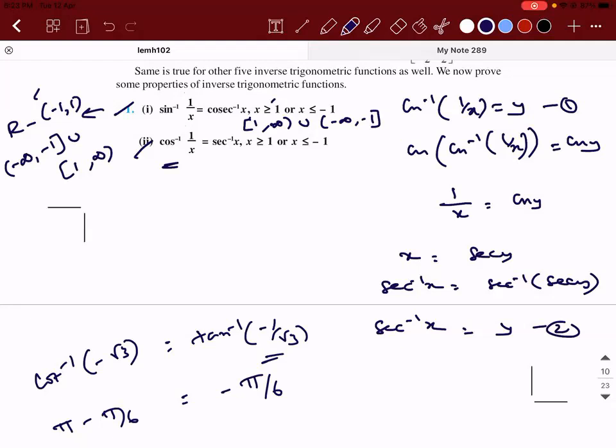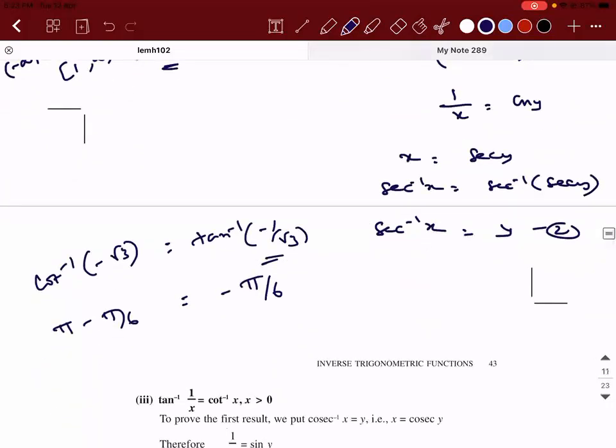Similarly, cos inverse and secant inverse both belong to the group of 0 to pi, whereas tan inverse and cot inverse are contradicting. Because tan inverse belongs to minus pi by 2 to pi by 2, cot inverse belongs to 0 to pi. That is the reason why tan inverse of 1 by x is equal to cot inverse of x. You can do that only when the value of x is greater than 0, or else you will get a wrong value. Please make an important note.